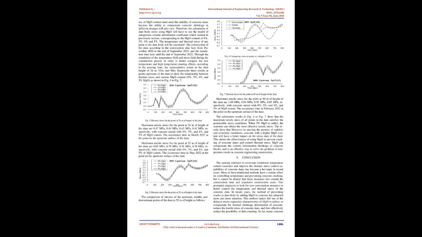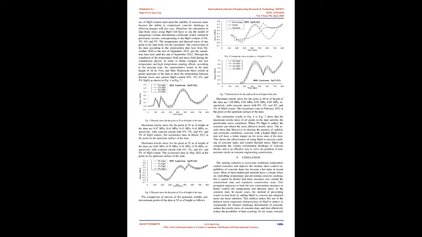Therefore, the calculation of dam body stress using MgO will have to use the model of autogenous volume deformation coefficient which was studied in the previous section, corresponding to the MgO content of 0%, 3%, 4%, and 5%. The temperature and thermal stress of any point in the dam body will be calculated.